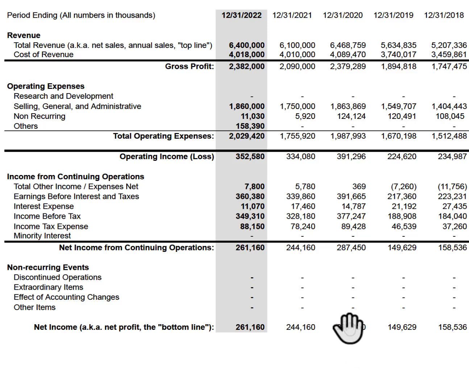So their income shot up, and you notice their top line numbers shot up, and their bottom line numbers shot up. And then it kind of modulated a little bit in 2021, but still respectable earnings. So Sprouts Family Market seems to be, by what we see on their income statement, doing pretty darn well.